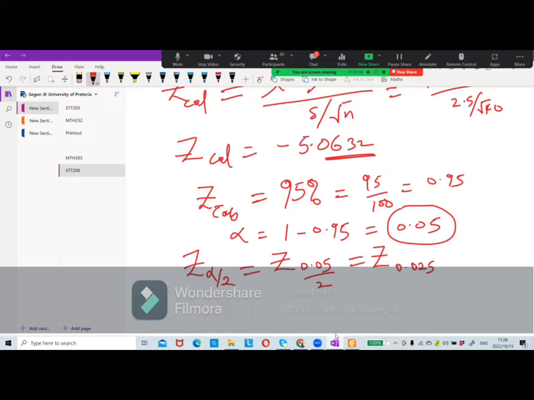If I divide it by alpha over 2, I will have 0.025. You remember this is 5%, while this is 2.5%.